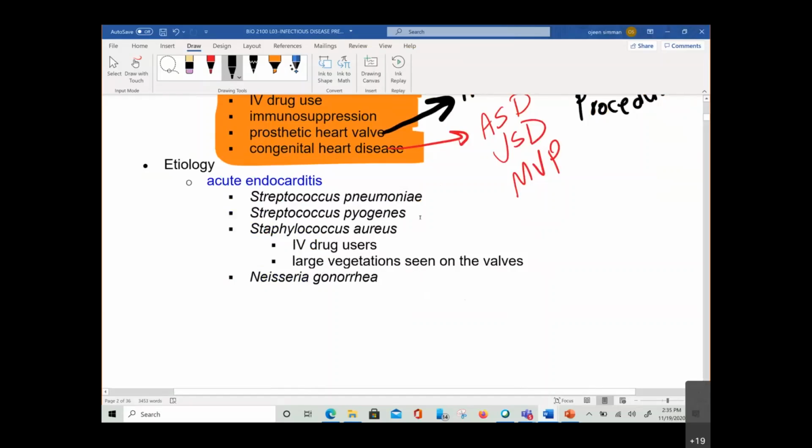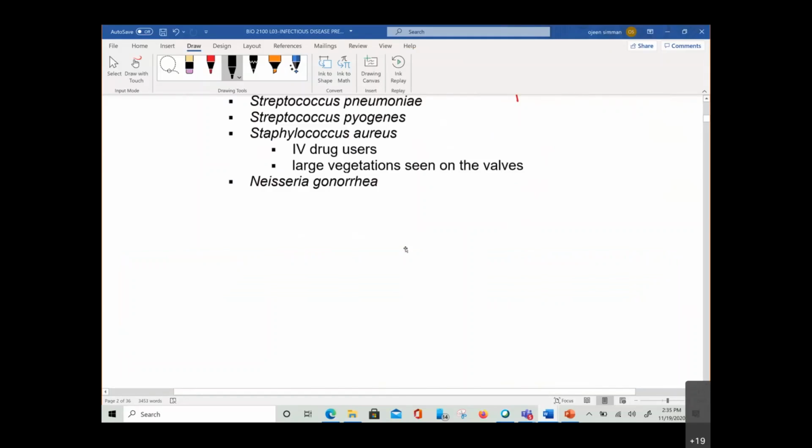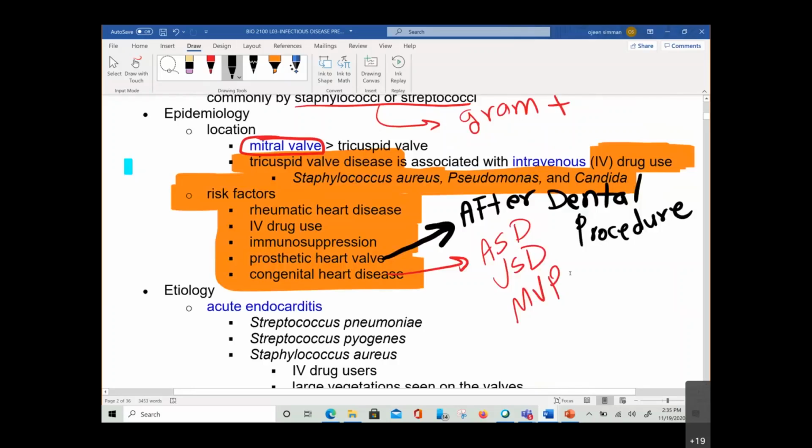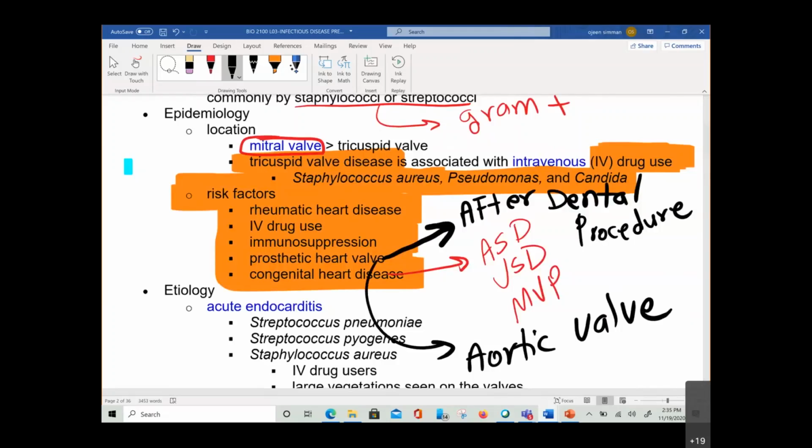Yeah. So I think I talked about it. Basically, what happens is that after a dental procedure, so a patient who has had a prosthetic heart valve placed in, let's say most commonly an aortic valve replacement surgery, and then they go to the dentist, and during the dental procedure, let's say they do a tooth extraction, there's some type of a cut that happens in the mouth, and through that cut, the bacteria that's part of the normal flora in the oral cavity goes through that little cut, and the first place it's going to go to and form a biofilm is the prosthetic aortic valve, causing infective endocarditis.